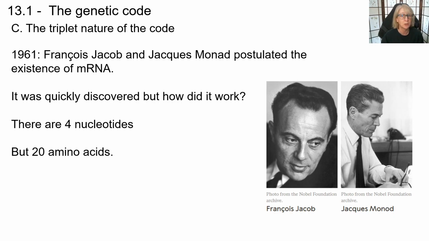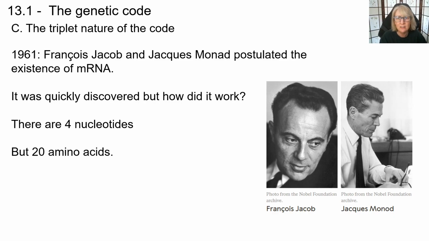We understood the structure of it. But the actual looking at it and understanding how it worked, we knew how it copied, but not how it conveyed information. These guys thought that it must be a series of lettered codes inside of it that talked to another molecule that then sent it to the ribosome.